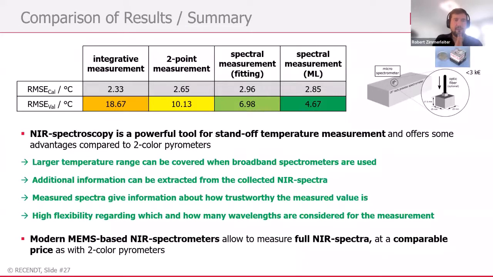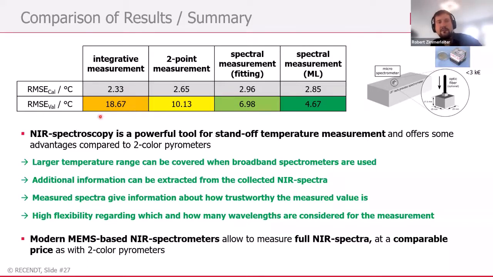So with this, I'm on my last slide, which is a short comparison of the results of this measurement example and a short summary. Here we can see the calibration error and validation error of the different measurement techniques. The calibration error is always pretty much constant, as I said, mostly due to non-uniform heating and the error of the thermocouple.